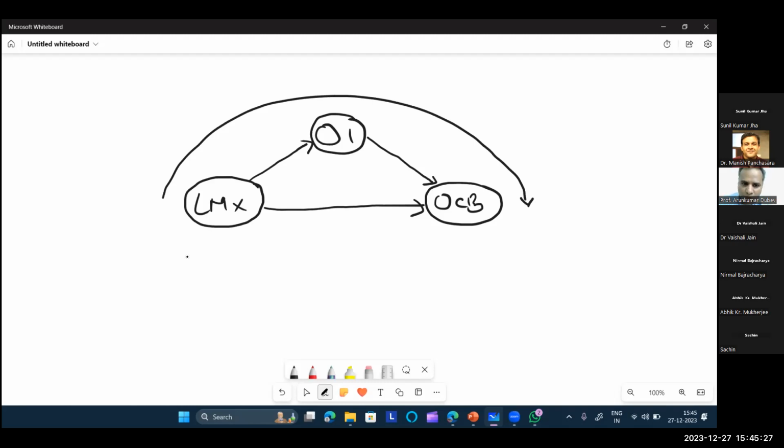There is one path which goes from LMX to OCB, and one path which goes from OI to OCB. So here OI is a mediator in the relationship of LMX and OCB. When I say direct path, this is your LMX-OCB relationship. And when I say indirect path, it is LMX, OI, OCB.